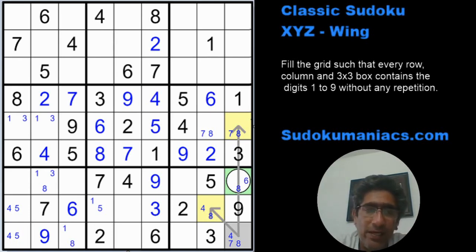So we had an XY, an XZ cell and a YZ cell, and depending on whichever number comes in the cell with X or Y, a buddy cell to the other two ends would eliminate the possibility of Z.